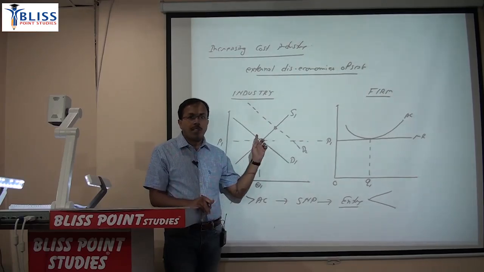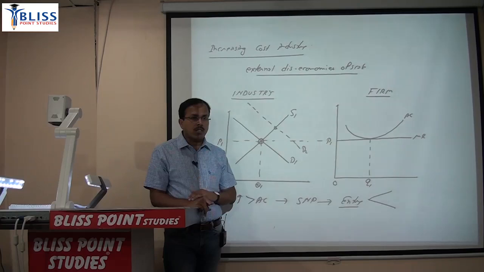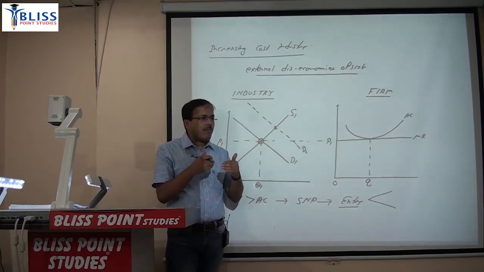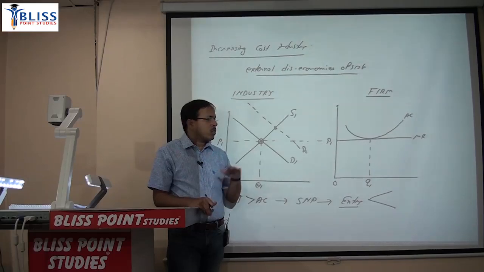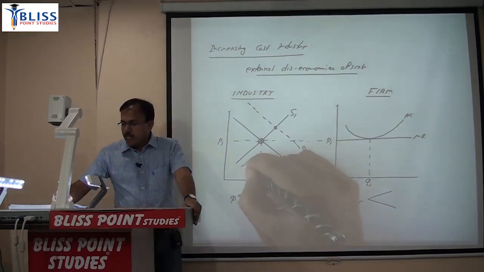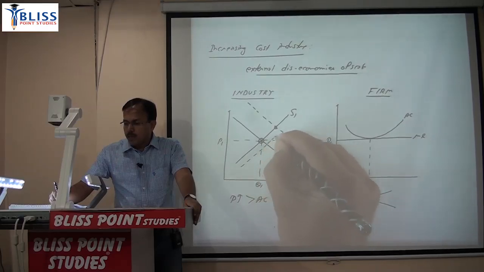The number of entrants will be less, because increasing cost will restrict some firms from entering, so the supply curve will shift less. So shift the supply curve by a lesser magnitude.